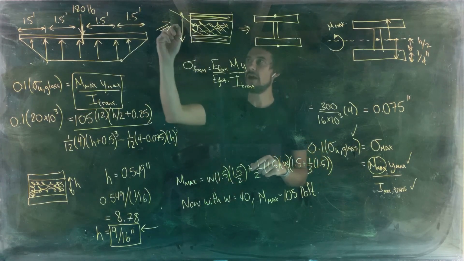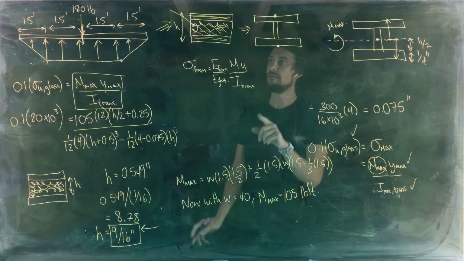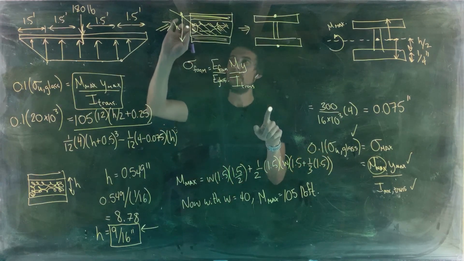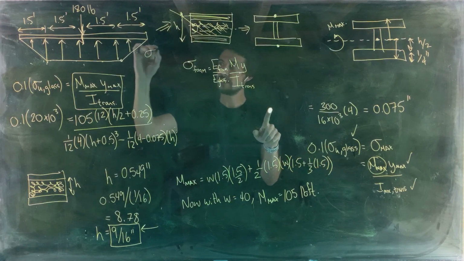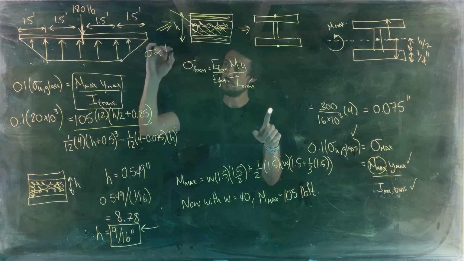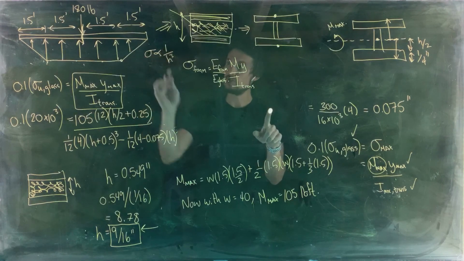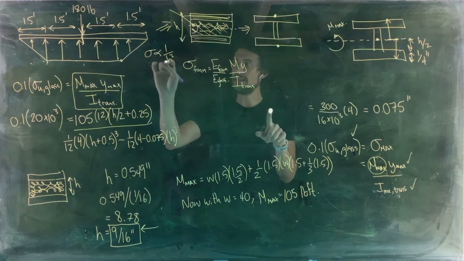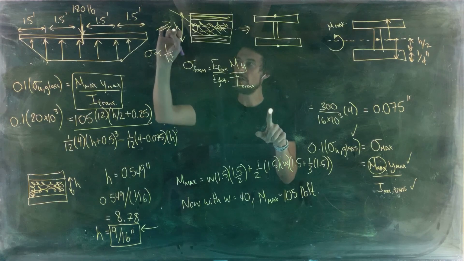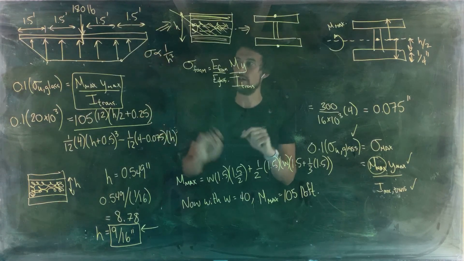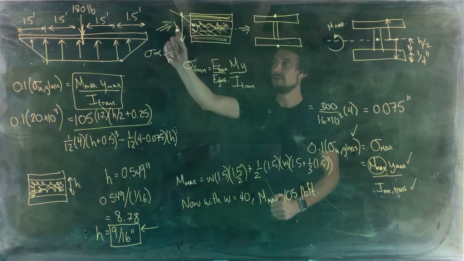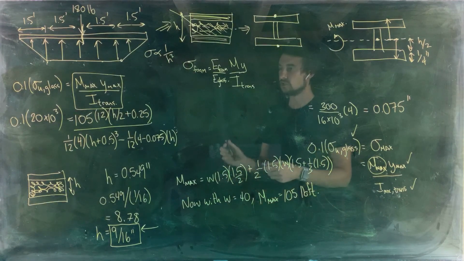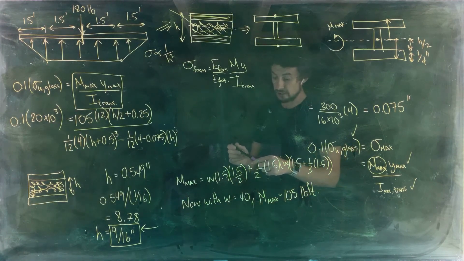And increasing the height of the cross section is highly effective because for moments about the horizontal centroidal axis, stress is proportional to 1 over h cubed. So if you increase h by a small amount, you decrease stress by a large amount, right? So the power of composites is increasing h without adding much additional weight.